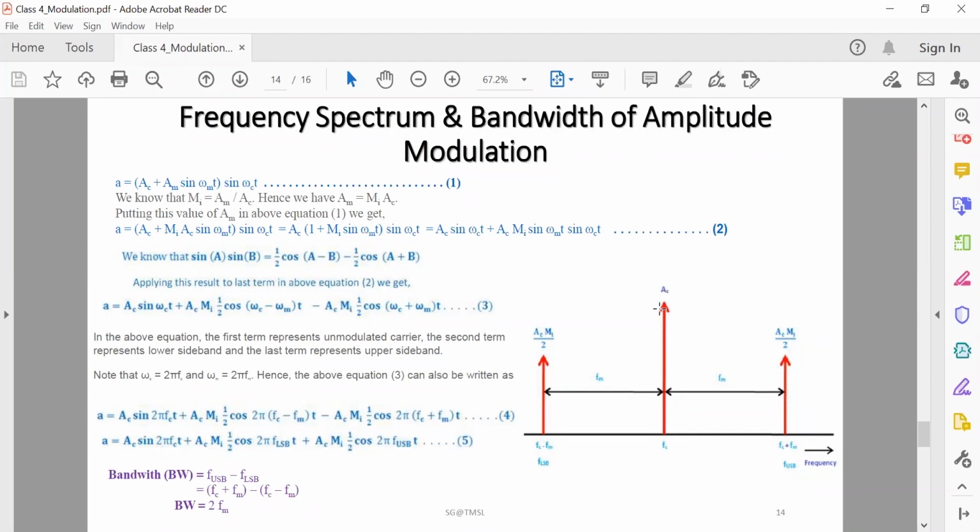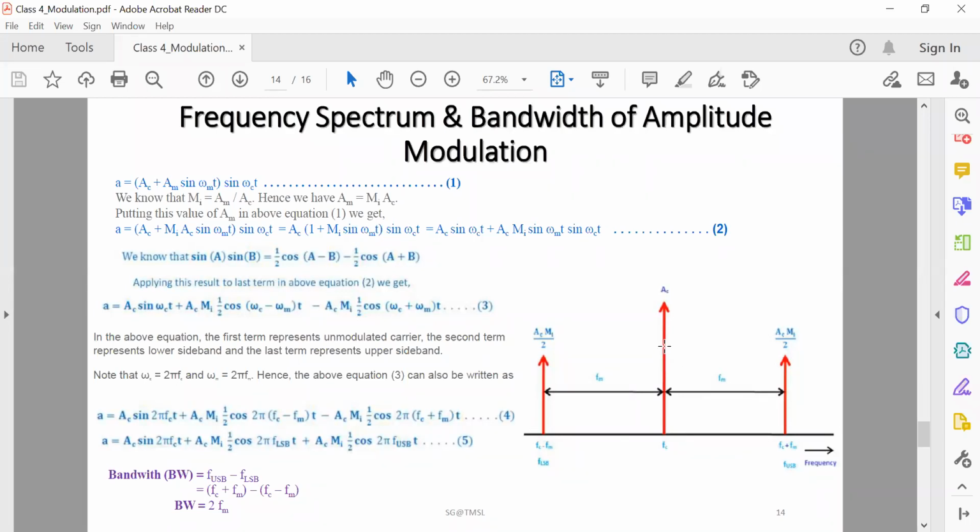So here this is your actual amplitude of the carrier signal. This is the actual amplitude of the carrier signal, and this is the upper sideband, and this is the upper sideband frequency, fc plus fm, and this is the lower sideband frequency.